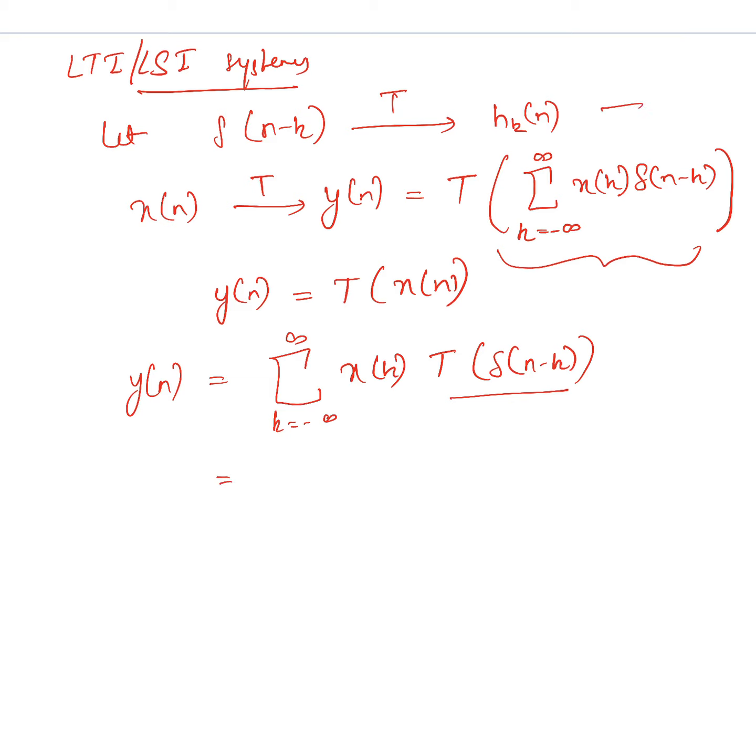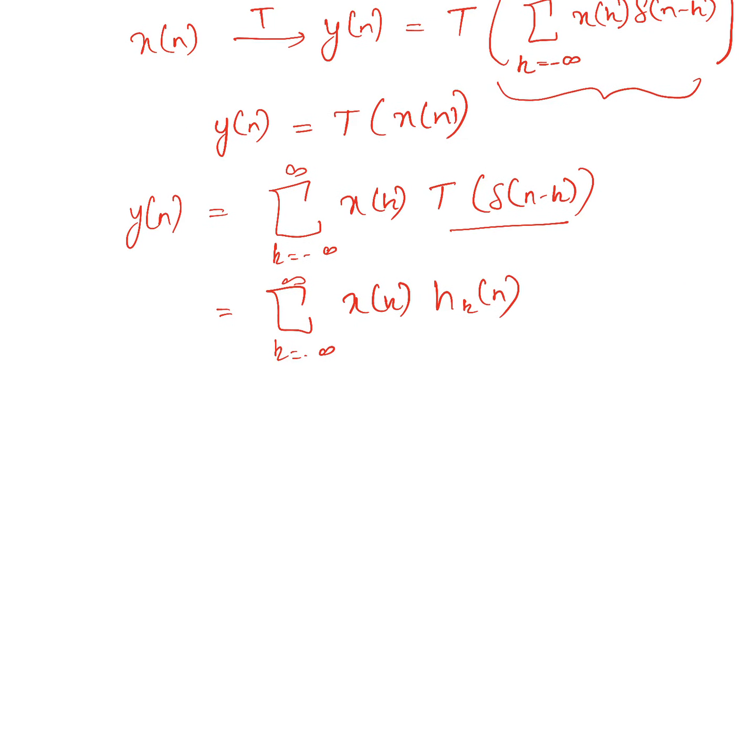From this first step, I can simplify the equation as the summation over k from minus infinity to infinity of x of k h_k of n. So far I have only used the linearity property by applying the principle of superposition.